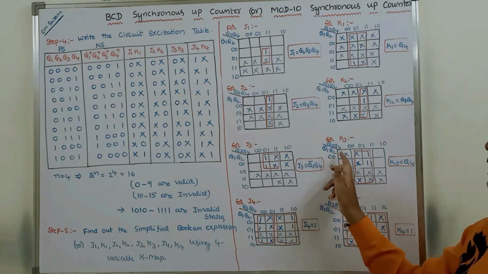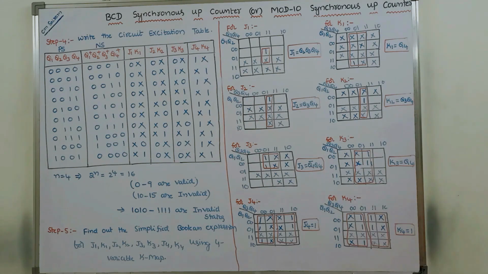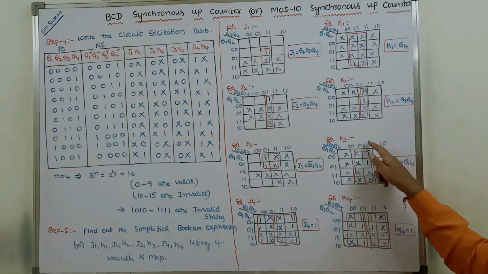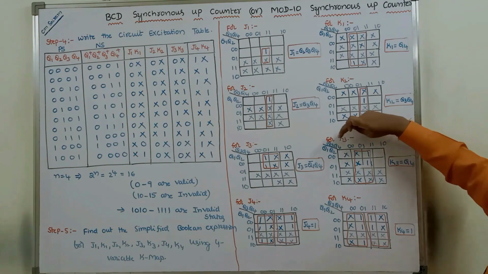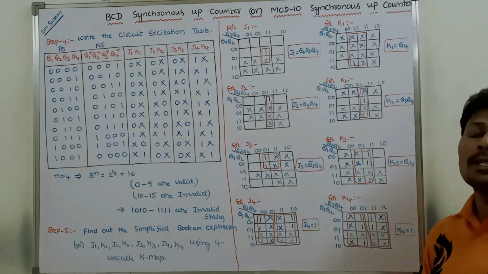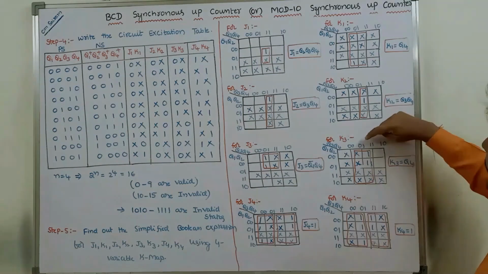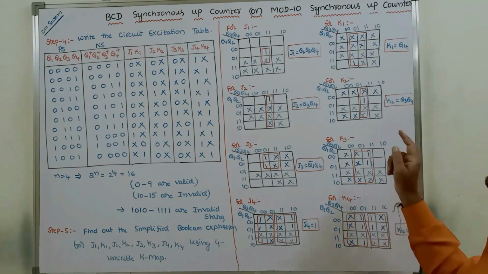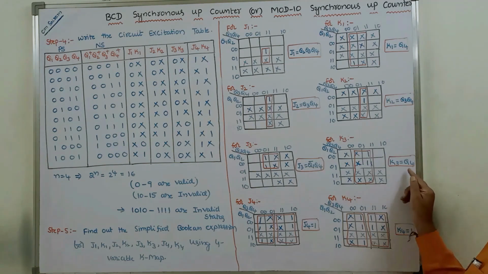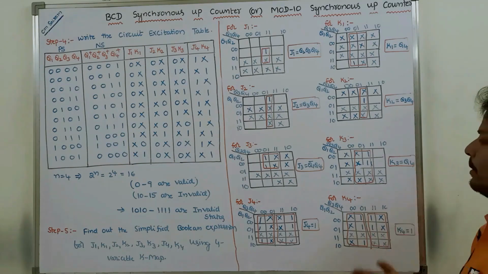Therefore the Q1 column and Q2 column are discarded, ignored. On the vertical side, the first digit, 0 and 1, belongs to Q3, both are different, so we have to ignore it. The second digit contains 1, 1, so we consider Q4. Therefore Q4 value is 1, and Q4 is the simplified Boolean expression for K3.